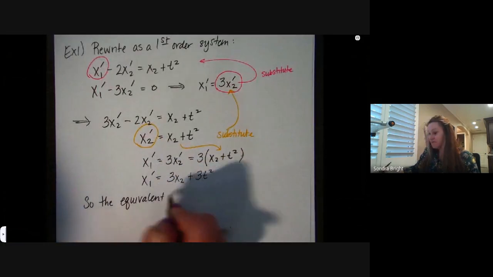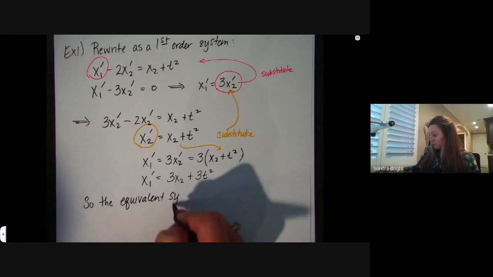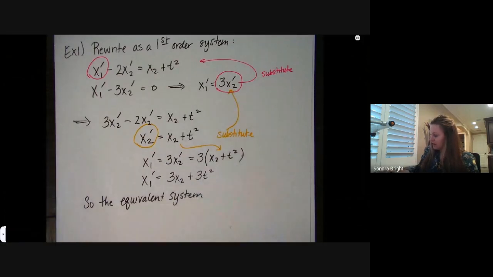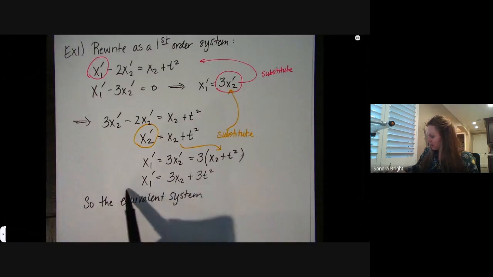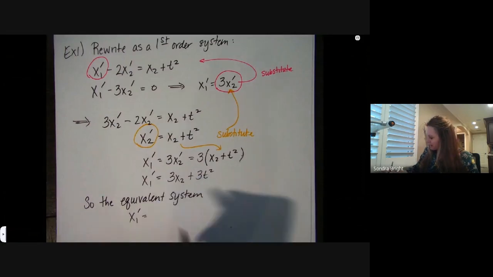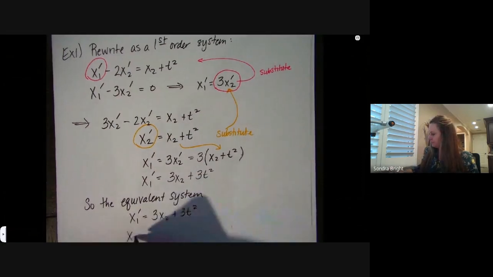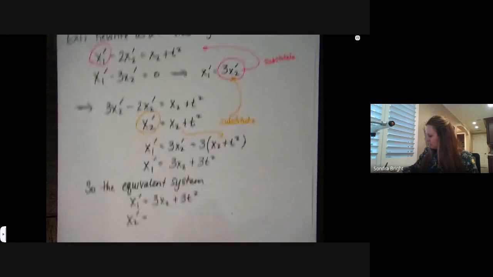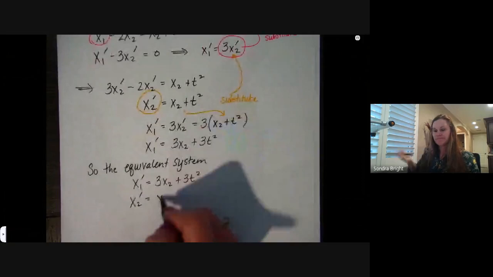So what I'm saying to you is the equivalent system, but now a first order system, is x1 prime would be 3x2 plus 3t squared, and x2 prime we said was x2 plus t squared. There you go.